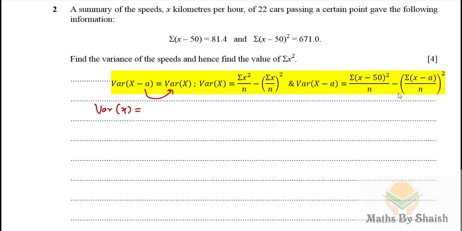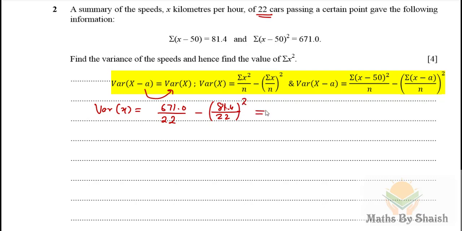So we are going to use this formula, and from here we will get 671.0, not 85, because this is the square. 671.0 over n, and here n means the number of cars, that is 22, minus the square of summation of (x minus a), that is (x minus 50), which is 81.4 divided by n, again 22, and the whole square of it.